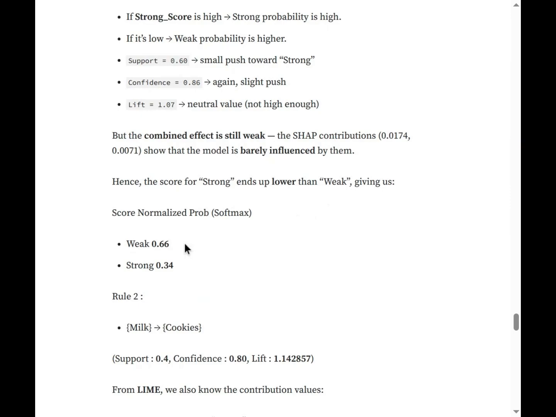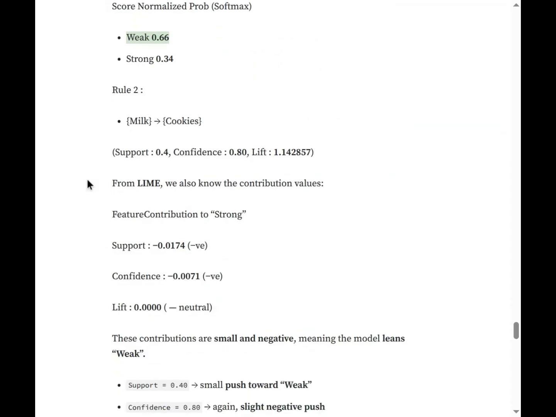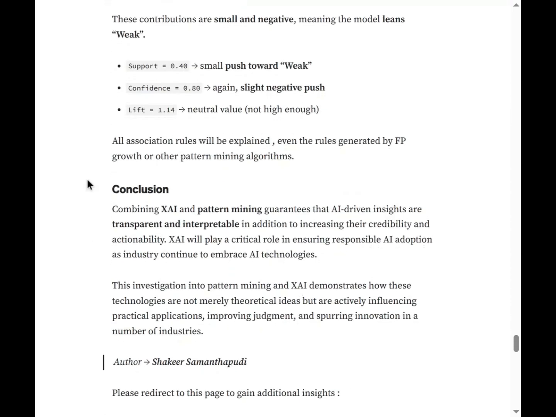So the weak soft-max probability will be 0.66 and strong is 0.34. So this tells that because of this support and this confidence level, we can say that this rule is weak with a probability of 0.66. Similarly for rule 2 and rule 3.